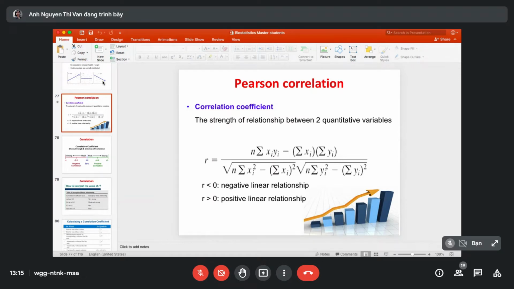If we can assume that the two variables follow the normal distribution, then we can apply the Pearson correlation test. For this test, we need to calculate the correlation coefficient. We already know this formula for correlation, and when we look at the R value, you can conclude about the negative or positive linear relationship.